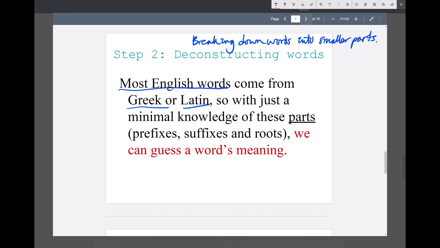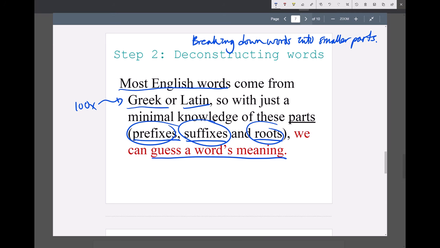So you'll see in our resource at least 100 of these words that you can learn to identify the prefixes, the suffixes, and the roots. And if you know these parts, you can guess a word's meaning.